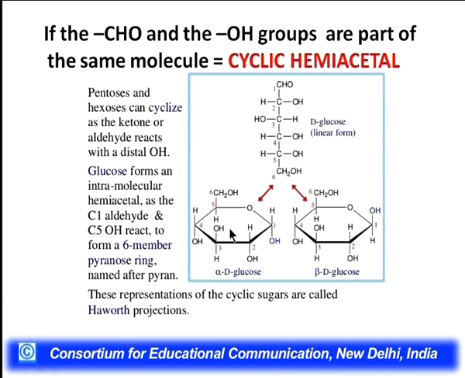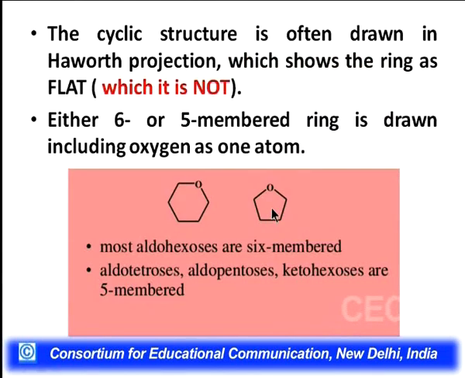In Haworth projection formulae, these cyclic rings are represented in flat forms. But please remember that these rings are not flat. And now we will represent these aldoses and ketoses either as 6-membered or 5-membered rings, including oxygen as one atom.